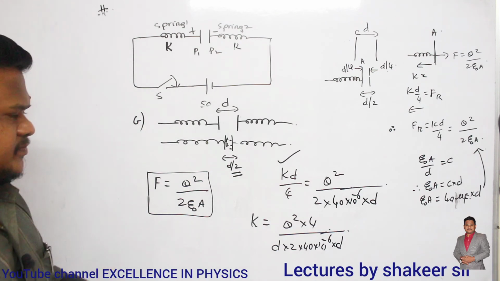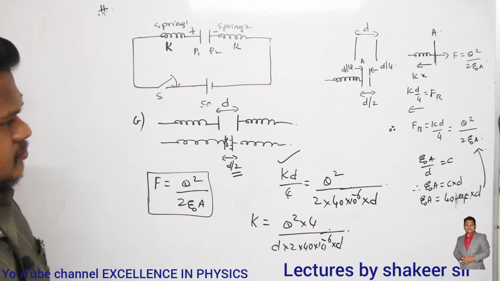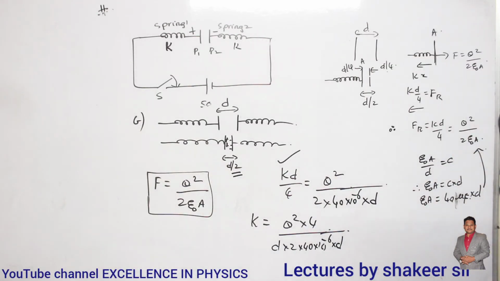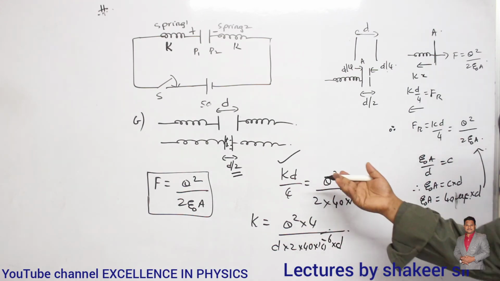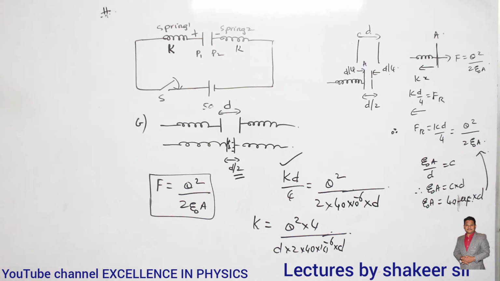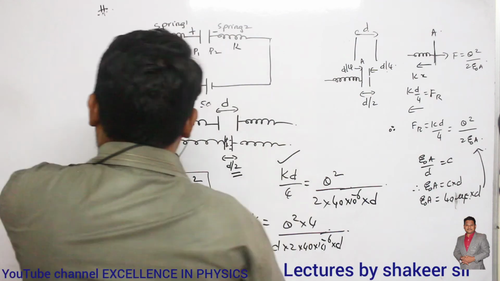Okay, come on. So what is Q here? Q is the initial charge, the charge which is present on the plates. Now substitute all the values.